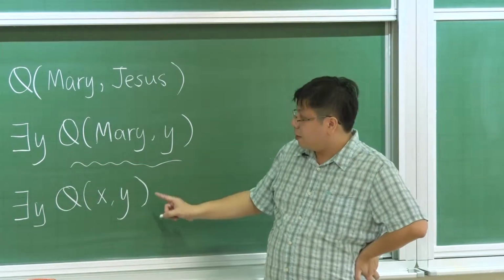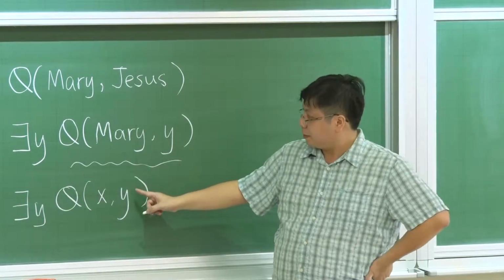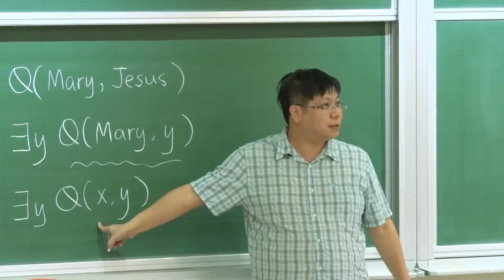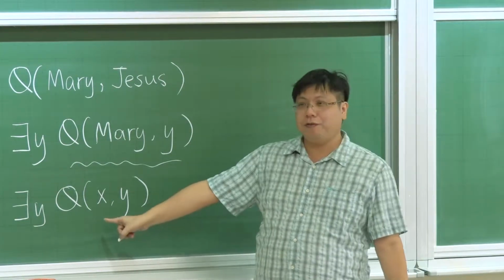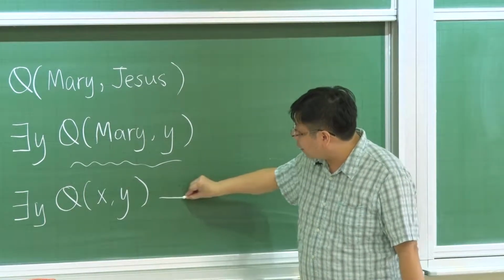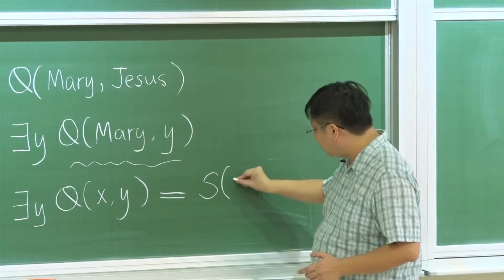So although this looks rather strange, when I give you the value of x, you know that it is a proposition. But if I do not give you the value of x, it is still unknown. So you can think of this as a certain kind of proposition that depends on x only.